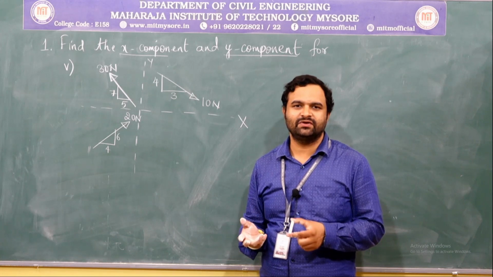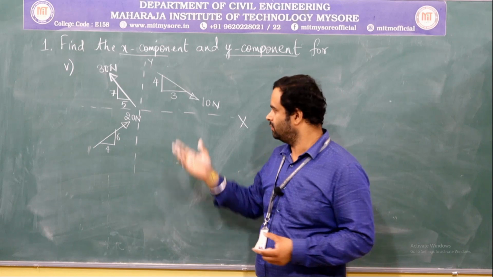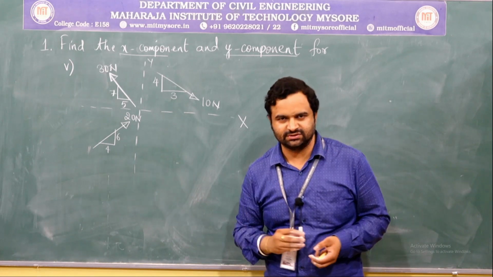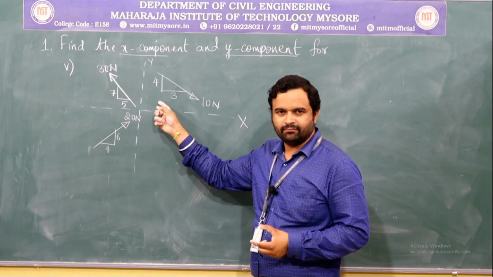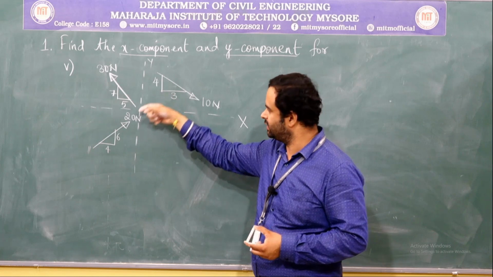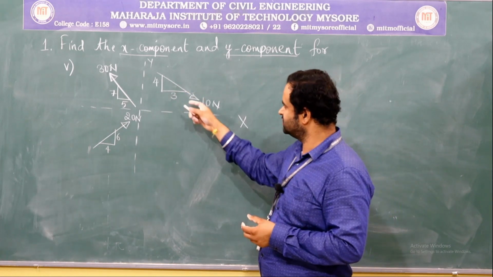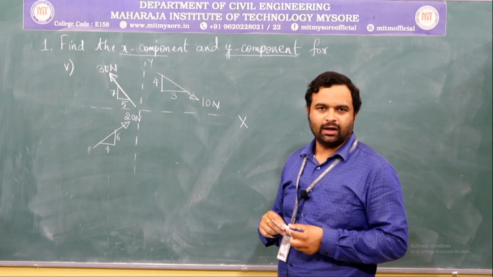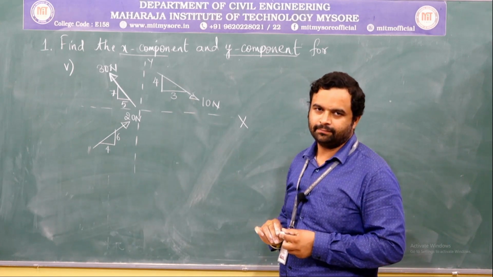That is, the sign convention which you had written initially might not match the signs which you now write after resolving the forces. Why? Because in the first quadrant, the force should have been acting away from the origin. But what is the case here? Here the force is acting as if it is located in the fourth quadrant.